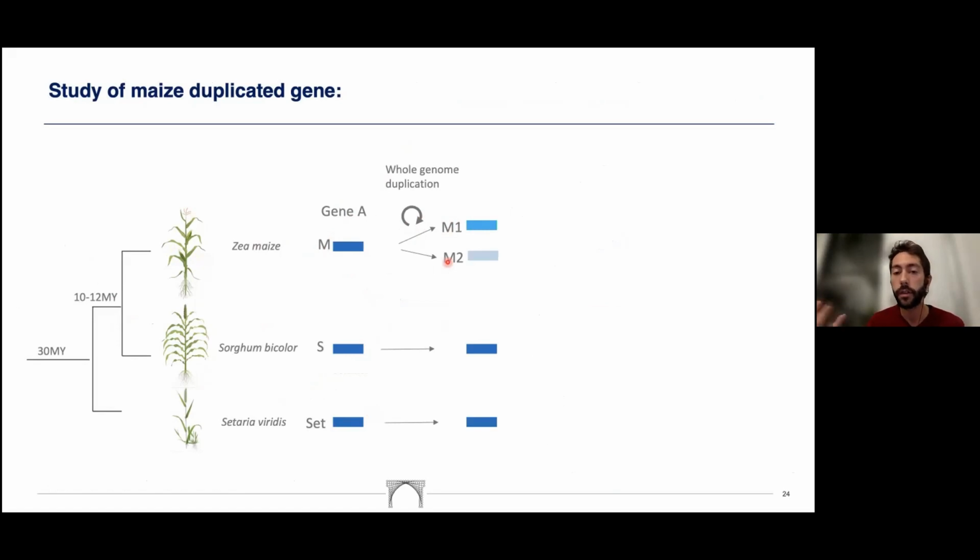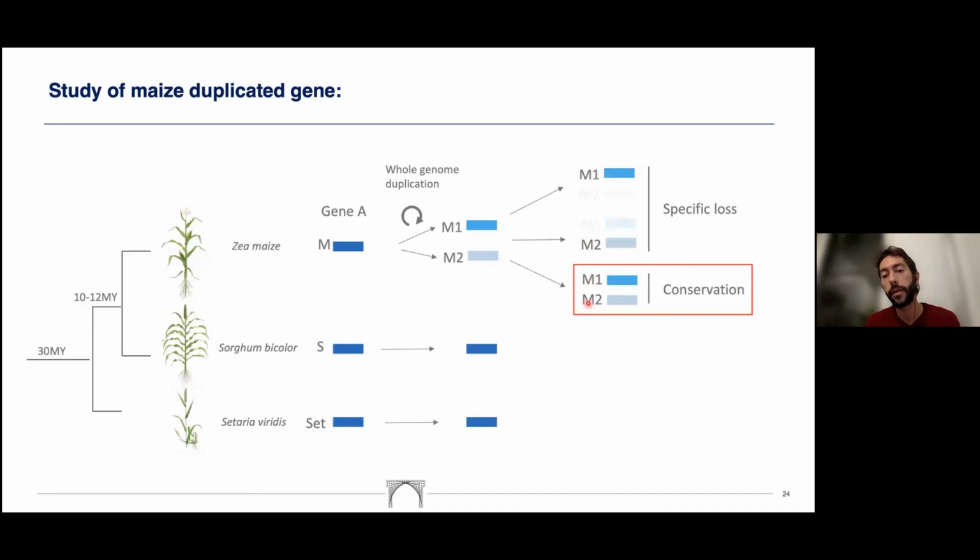And then throughout evolution, these maize1 or maize2 copies were either selected or lost. And so in the modern maize, sometimes you find only the maize1 homolog retained, sometimes only the maize2 and the maize1 was lost. But in certain cases, you have maize1 and maize2 homologs that were conserved.